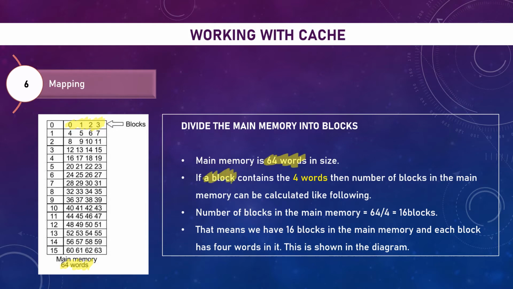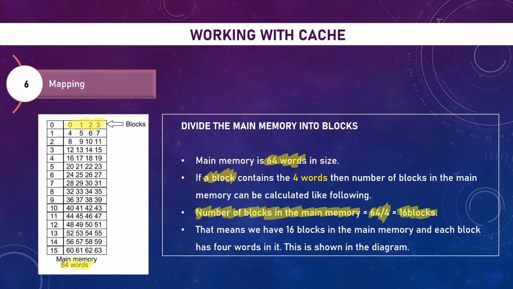Then the number of blocks in the main memory can be calculated like this. It's very easy. The number of blocks in the main memory is 64 divided by 4, so we got 16 blocks.